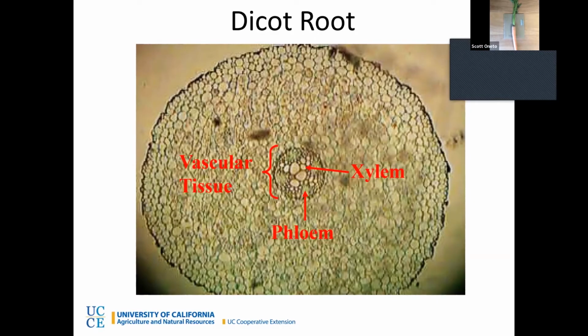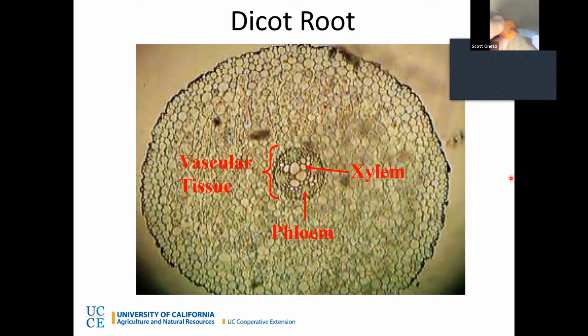If you look at a carrot, if we did a cross section and took a thin slice here, hopefully you can see, really nicely in the center, that vascular tissue.